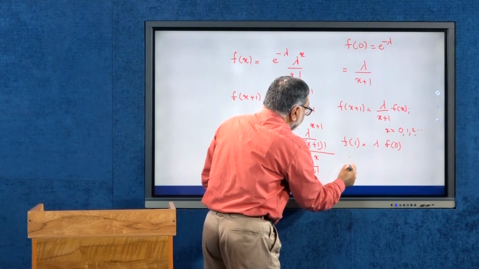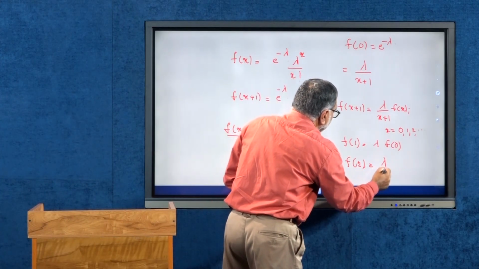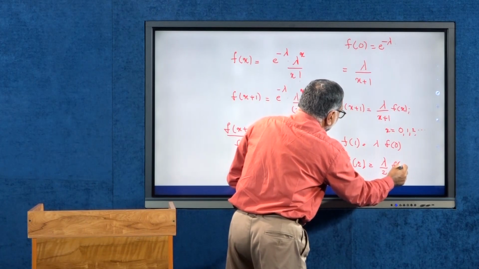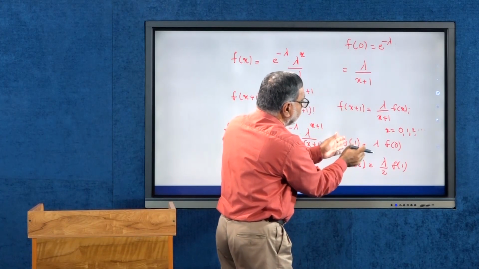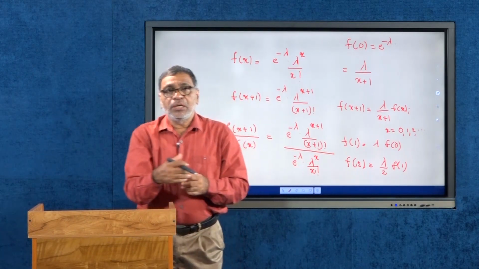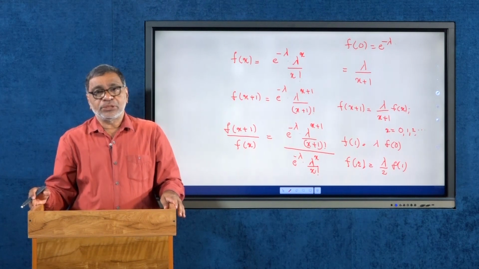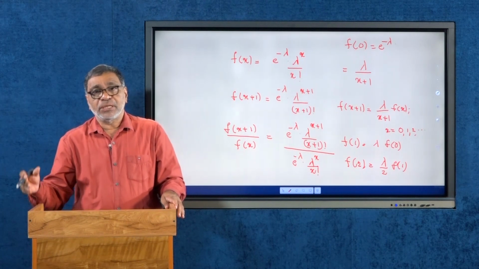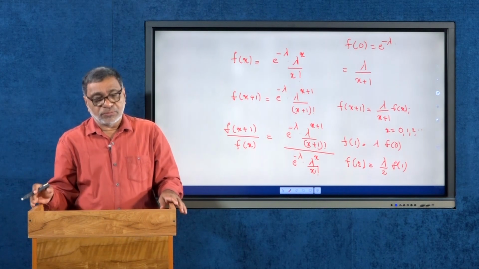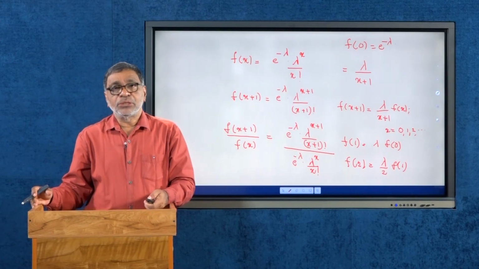And f of 2 you can find, f of 2 is equal to lambda divided by 2 into f of 1. So, f of 1 is obtained here, substitute this value, you will get the value f 2. Similarly, you can calculate all the Poisson probabilities f 1, f 2, f 3, etc. on the basis of the recurrence relation between Poisson probabilities.